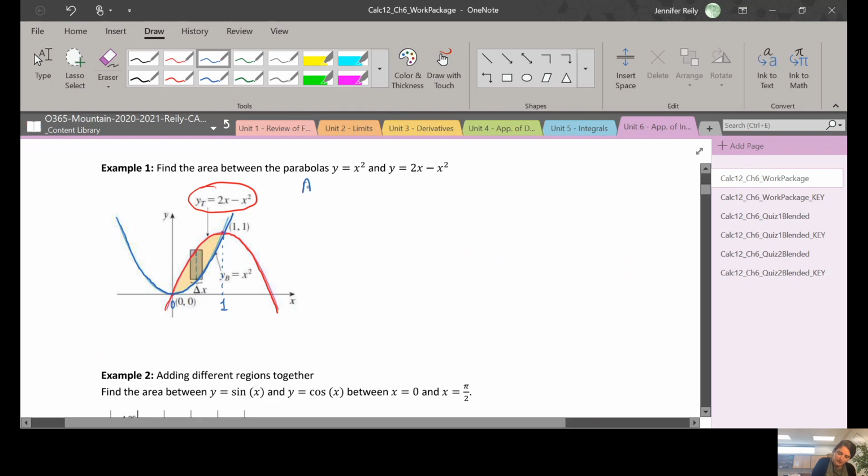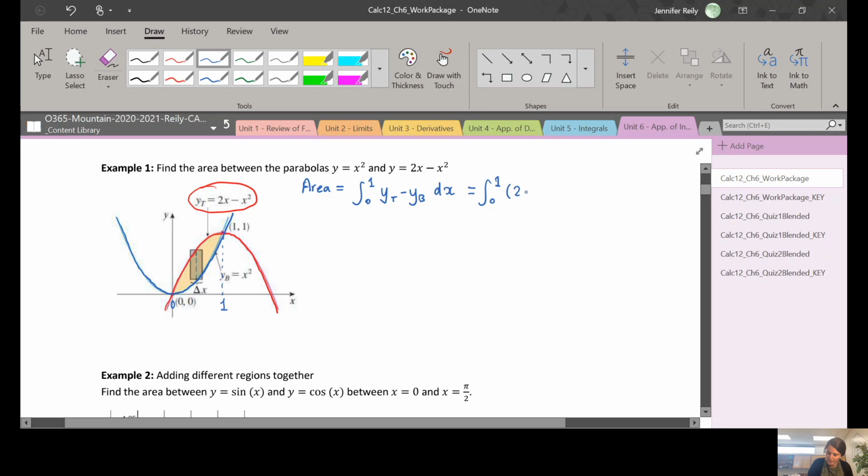Okay, so area equals the integral from 0 to 1, y top minus y bottom, dx. So the top, and you should put them in brackets so you don't mess up the negative sign.